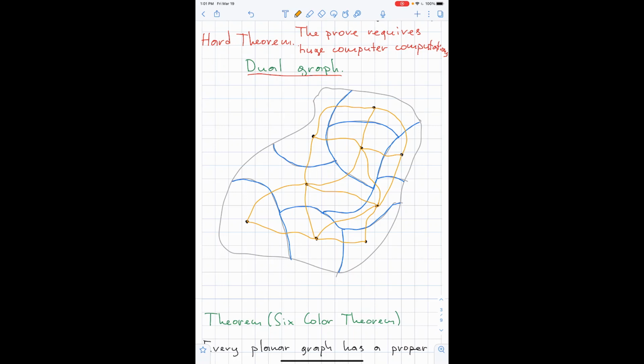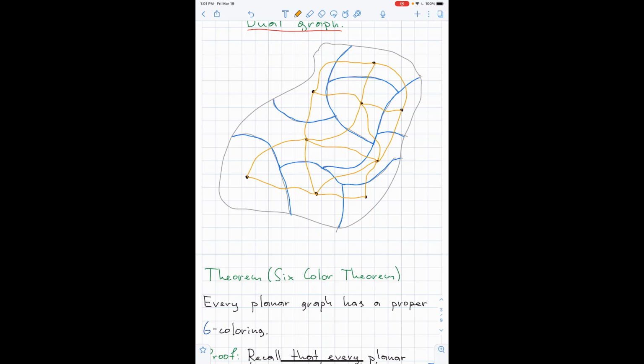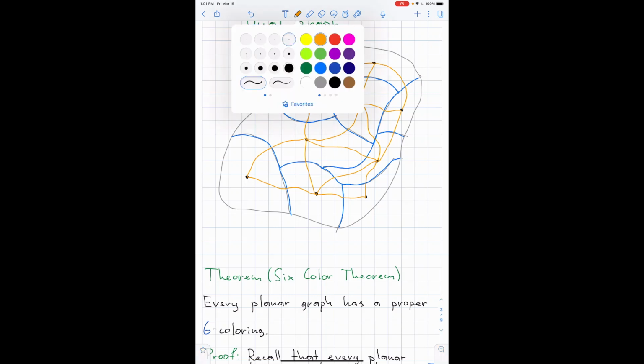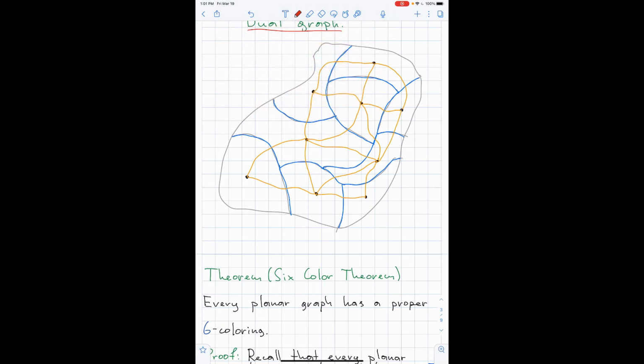And the important part here is that clearly the proper colorings of the map are just the same thing as proper colorings of the dual graph.